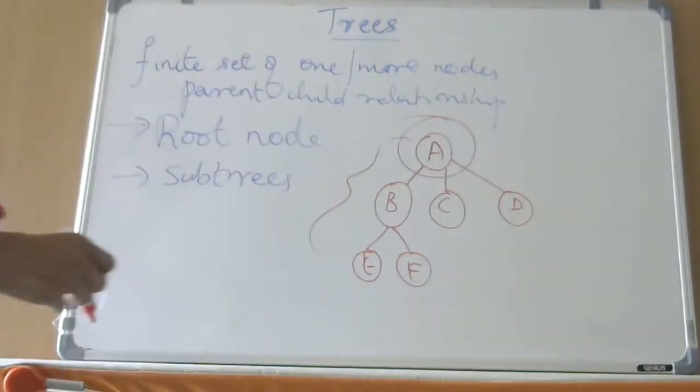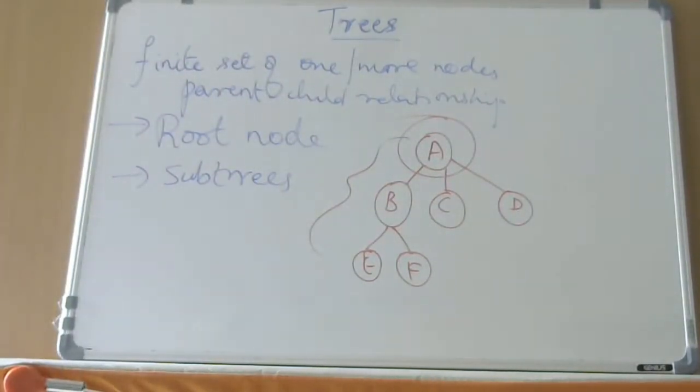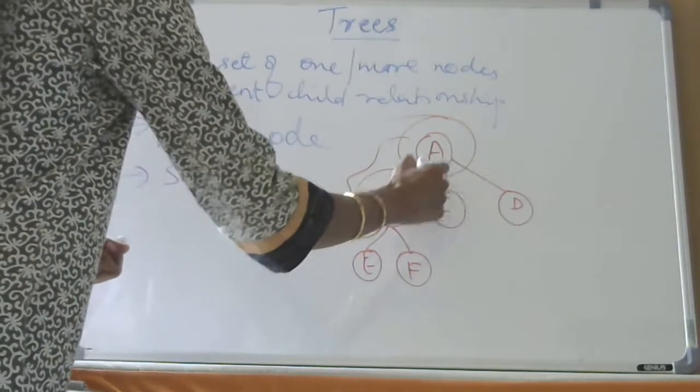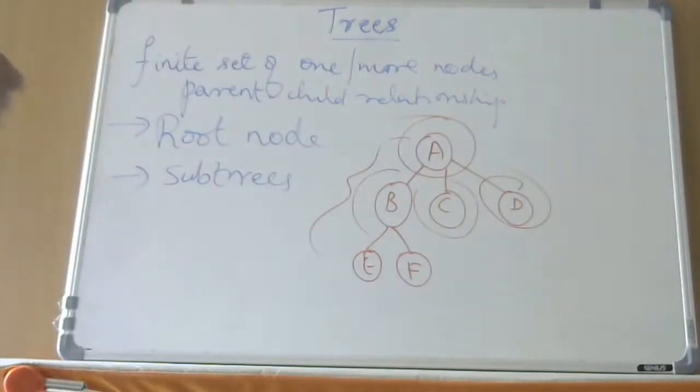Here A is the root node, and the other nodes form the subtrees. Node A is the root of the tree, and the nodes B, C, D are all children of node A. That means there are three subtrees: this is one subtree, this is another, and this is another.